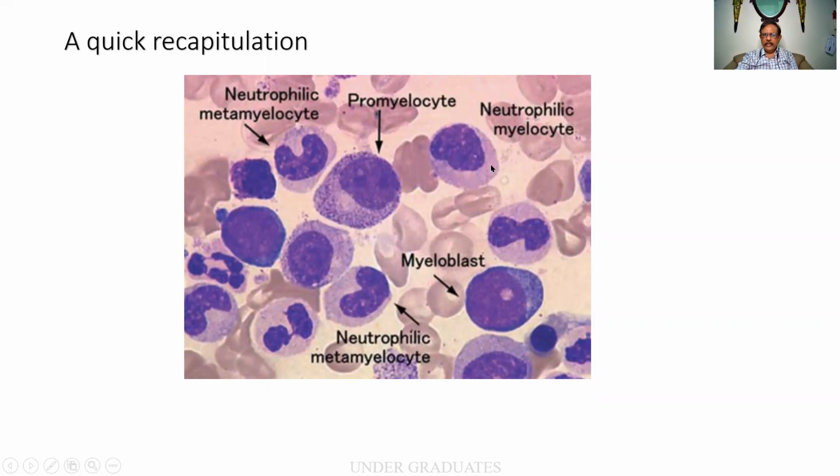From this stage onwards, you find that there will be granules in the cytoplasm, whether it's a promyelocyte, neutrophilic myelocyte, metamyelocyte, or a mature neutrophil. And the precursor for all of these will be the myeloblast. There is a prominent nucleolus, granules are not conspicuous. So the spectrum we shall be having in mind.